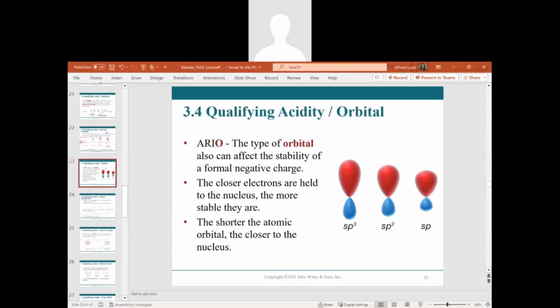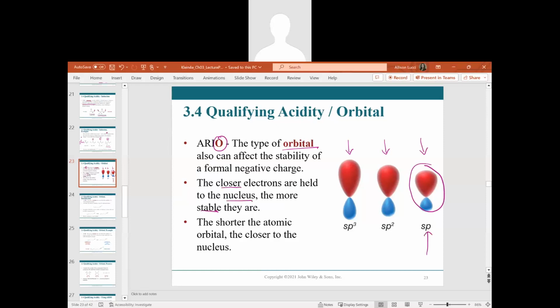So let's look at our last consideration here, the orbital, so the type of orbital. As you see over here, we have three types of hybridized orbitals: sp3, sp2, and sp. Notice the sp is the smallest orbital. The closer electrons are held to a nucleus, the more stable they are.